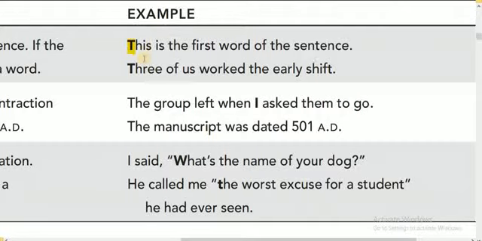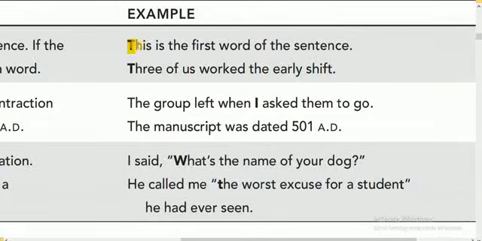We capitalize the first word of the sentence. The first word is not this word, but you capitalize the letter. It just repeats the sentence. See carefully how we did.